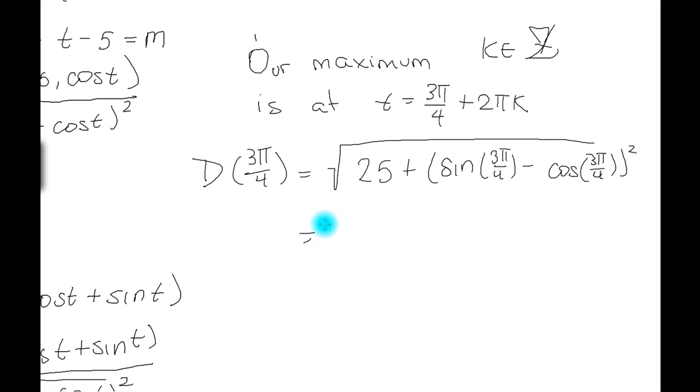So this is equal to the square root of 25 plus sine of 3 pi over 4, which is square root of 2 over 2, minus cosine of 3 pi over 4, which is minus square root of 2 over 2. So minus times minus equals plus.